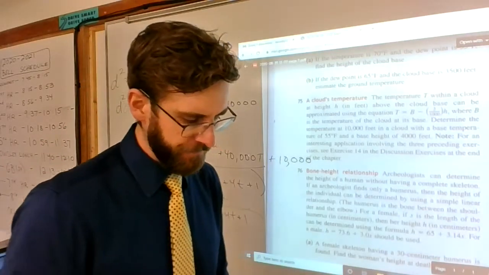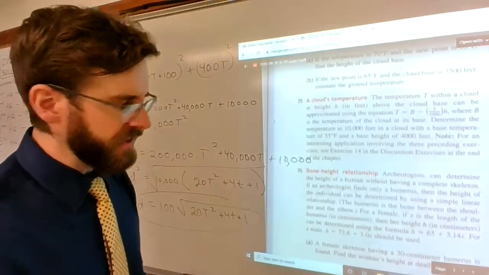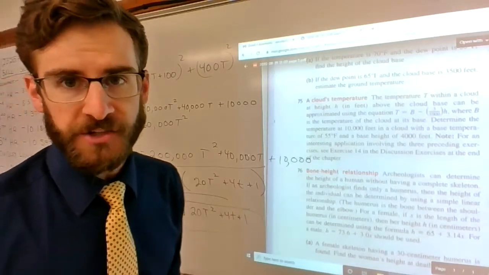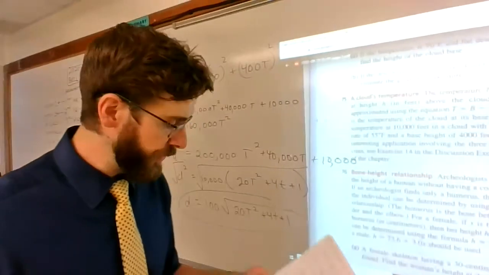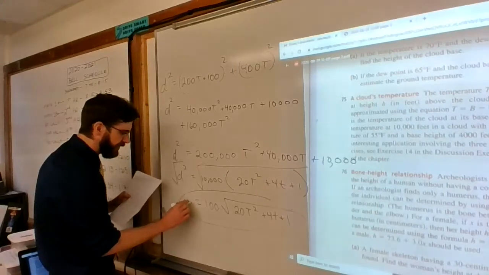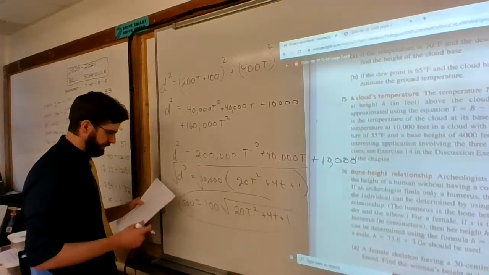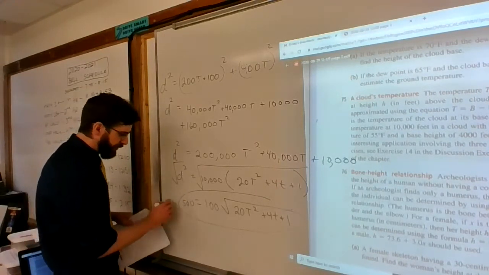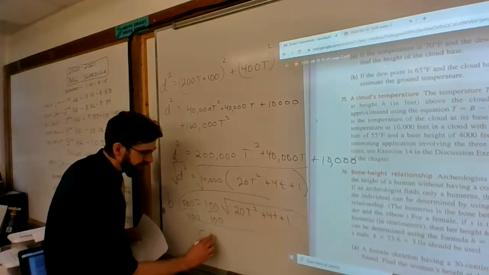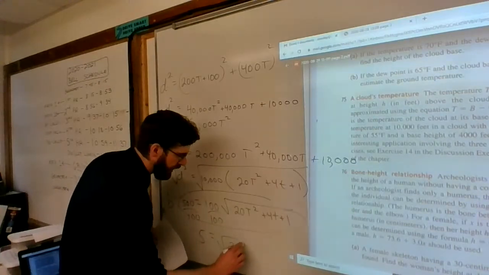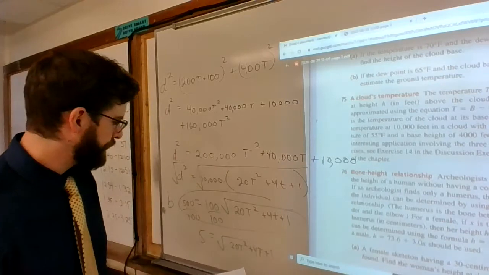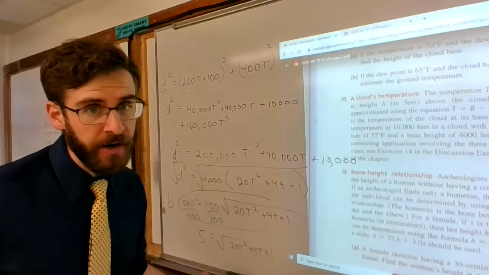So there's part A. Part B basically just says, at what time were the airplanes 500 miles apart? All we need to do there is take 500 and place it here in place of the d. I divided by 100 on both sides. I got 5 is equal to root 20t squared plus 4t plus 1. I can get rid of the root by squaring both sides.